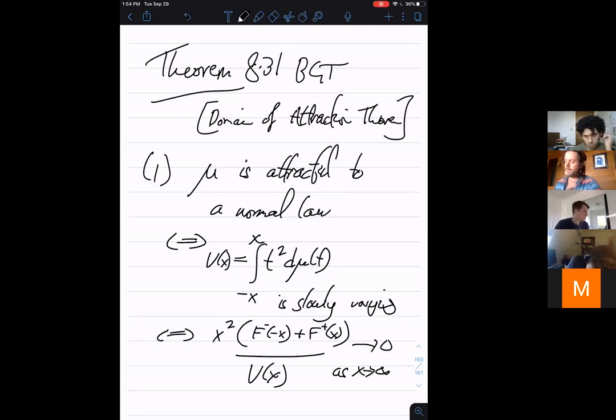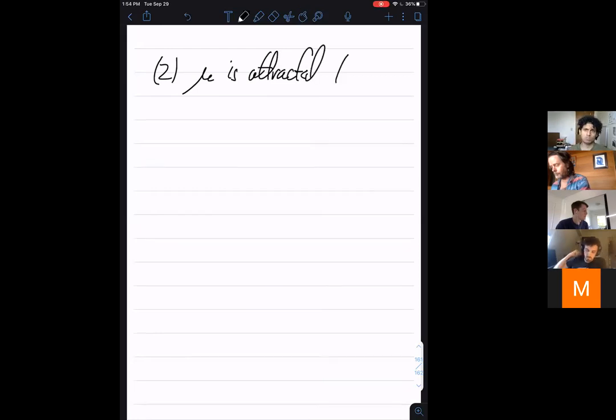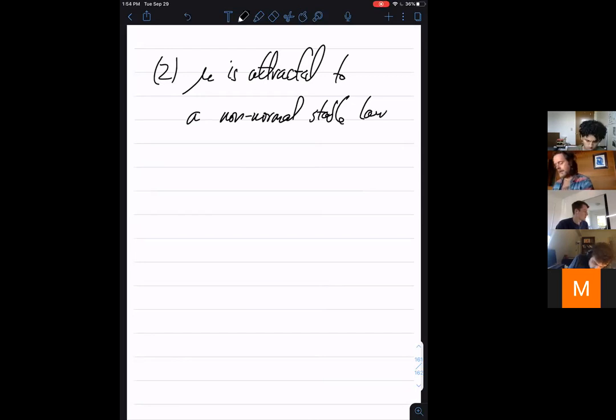So then there are, I suppose it's somewhat implicit in what I'm writing, a class of non-normal examples of stable laws, and we are attracted into them. The non-normal stable laws carry a certain index alpha.